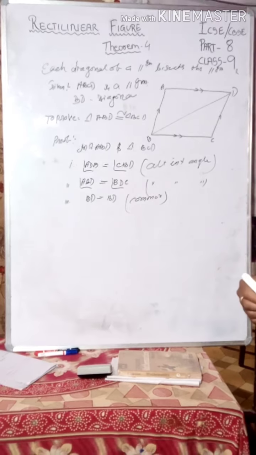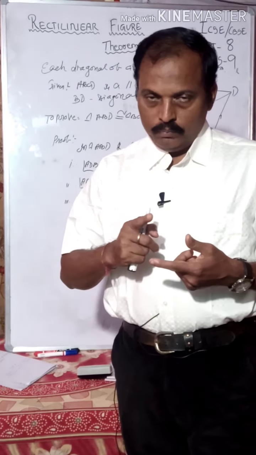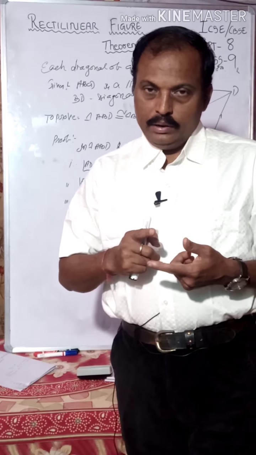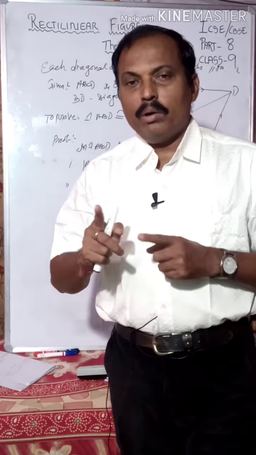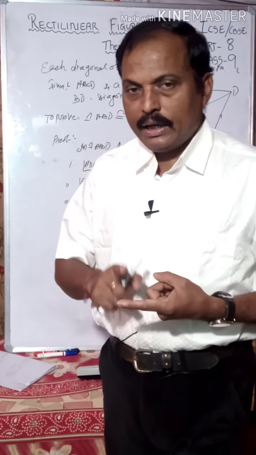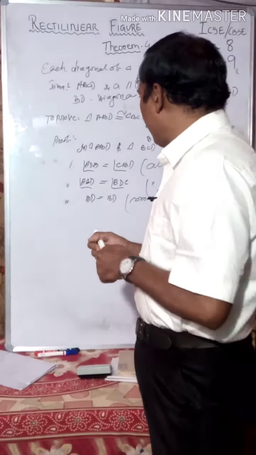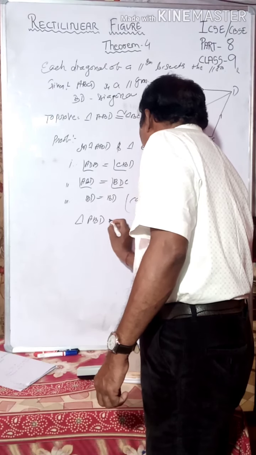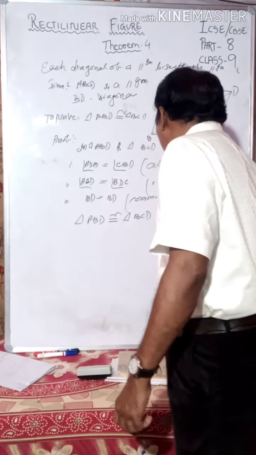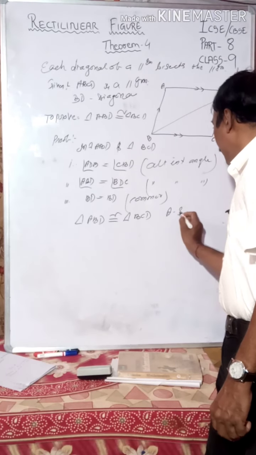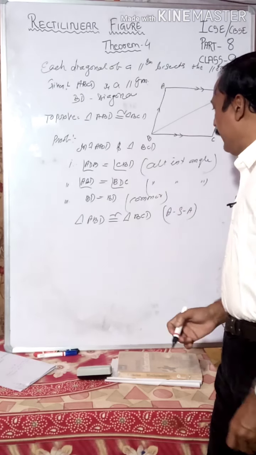So in the two triangles, by angle side angle, two angles and the included side of one triangle are equal to two angles and the included side of the other triangle, so the two triangles are congruent to each other. So triangle ABD is congruent to triangle BCD with the condition angle, side, angle: two angles and the included side.